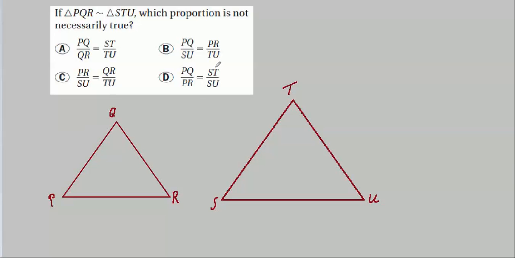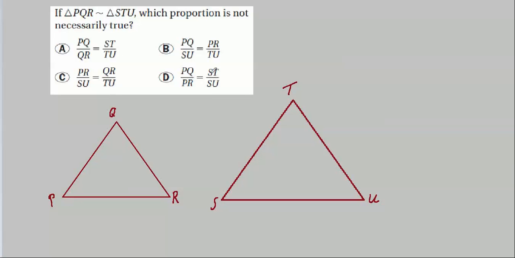We get PQ over ST and PR over SU. So with A and D, these are true statements derived from a very simple true statement about the ratios, and then we swap the means. Or going in reverse, we swap the means and then we end up with a true statement based on the fact that the two triangles are similar.